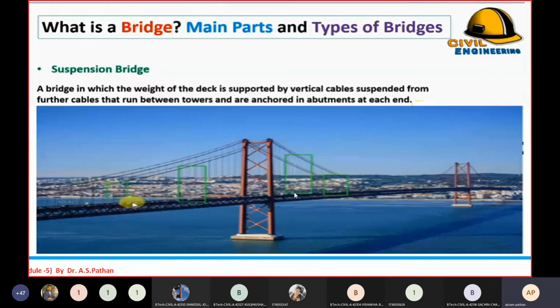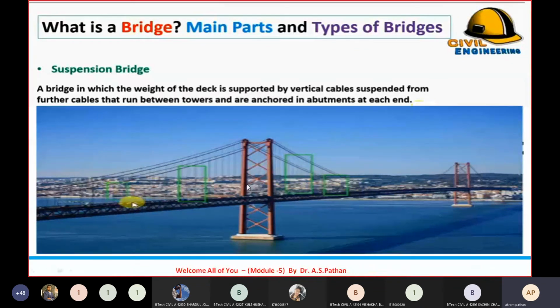In the green box I have marked the vertical cables. So whatever the deck load is, it is balanced with the help of these vertical cables suspended from further cables that run between the towers and are anchored in the abutment at the end.